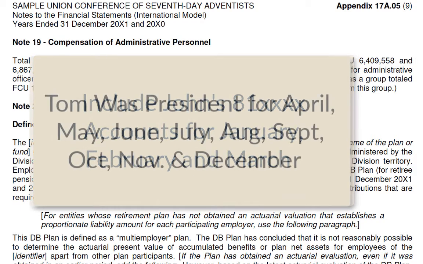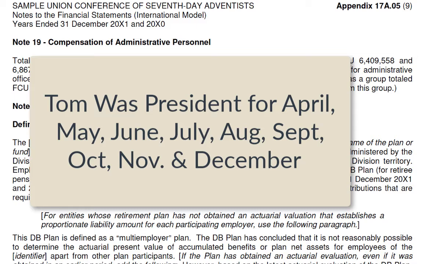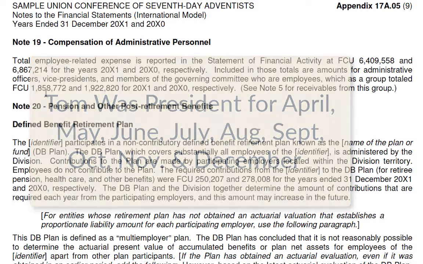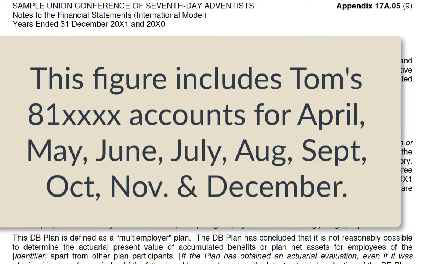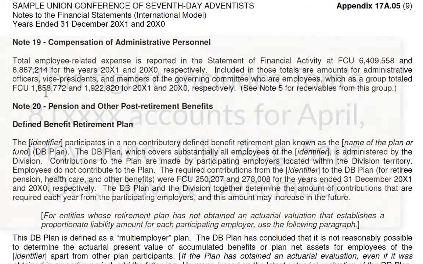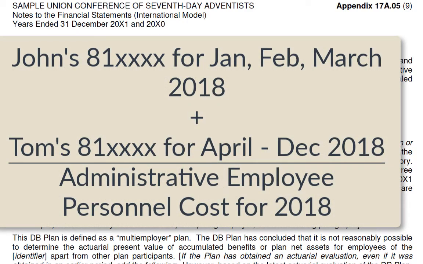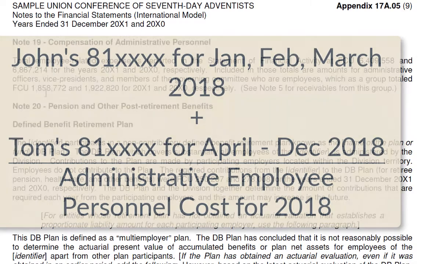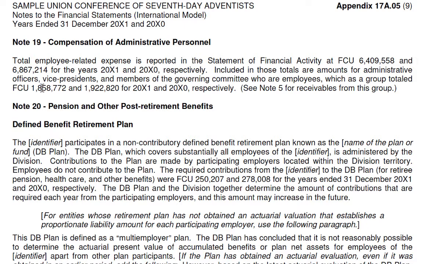And then Tom picked it up in April, May, and June for the rest of the year. Those 8 months on Tom belong in this figure. So John for the first 3 months as president, and Tom for the 8 months that he was president. Okay? And so that's a little bit tricky. A lot of people aren't real clear on that. So these are the amounts paid to administrative employees while they're administrative employees.